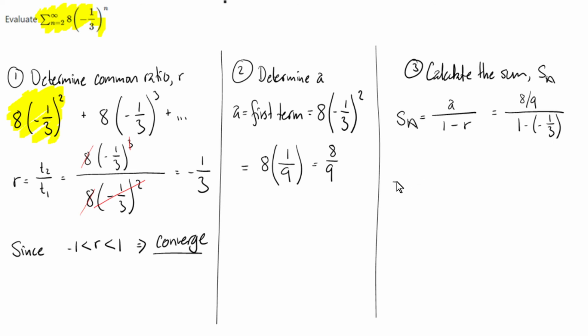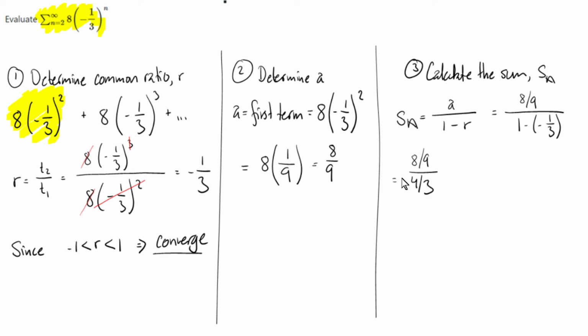So if we evaluate this, in the numerator we have 8 over 9. In the denominator, we get the common denominator of 3, and the minus and minus becomes plus, so it's going to become 3 plus 1. That is 4/3.